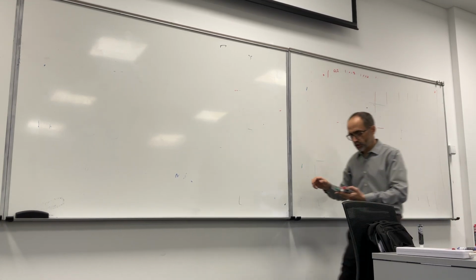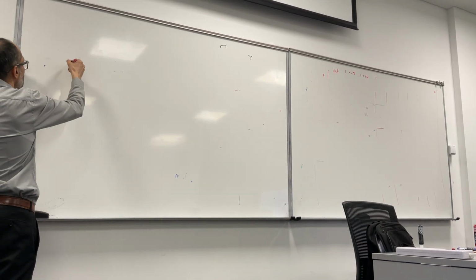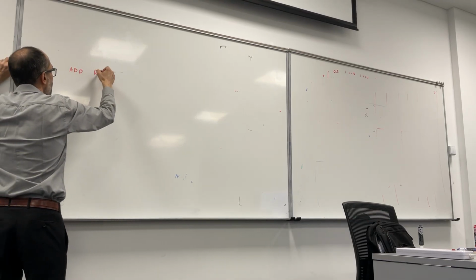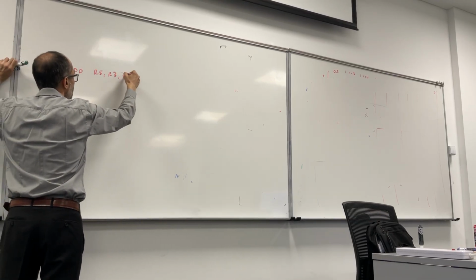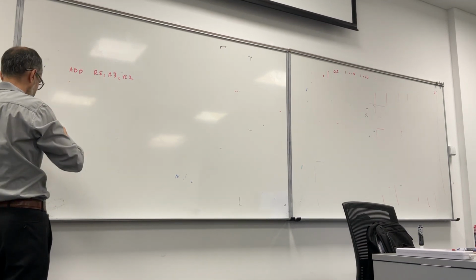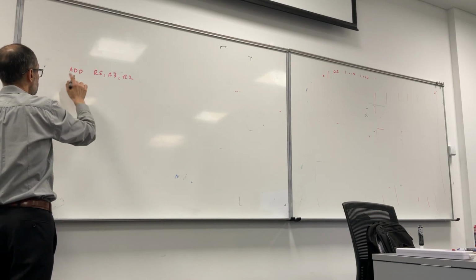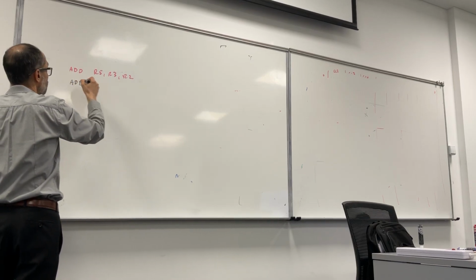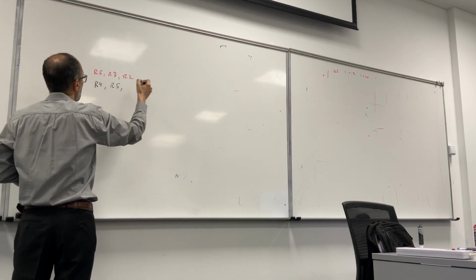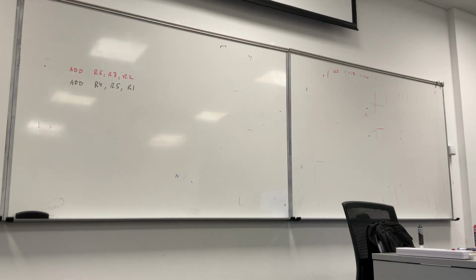So let's assume we have this instruction. Add R5, R3, R2, and add R4, R5, R1. Clear?